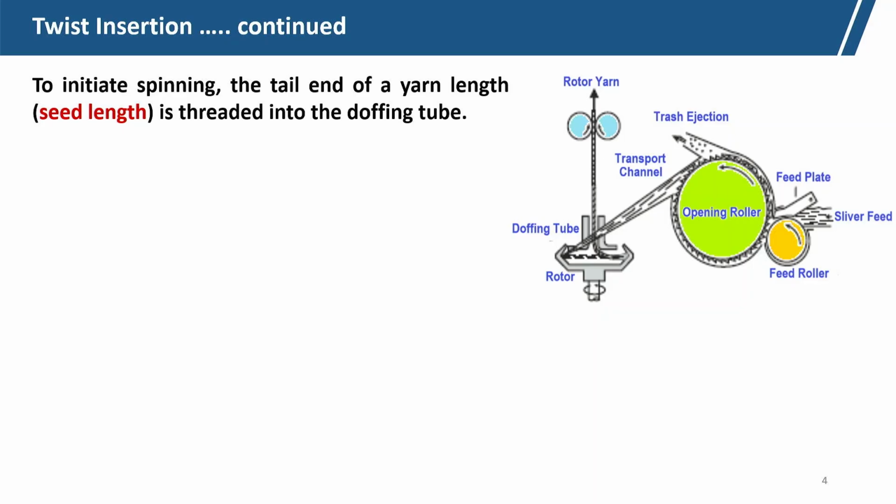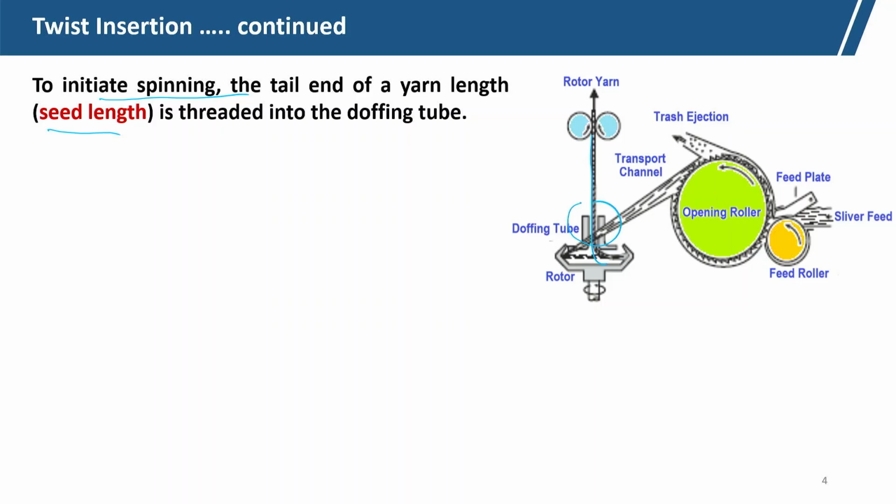To initiate the spinning, that means twisting, if we want to produce yarn, what do we do? We have to feed some seed length of yarn, an already formed end, inside the rotor groove through the doffing tube.